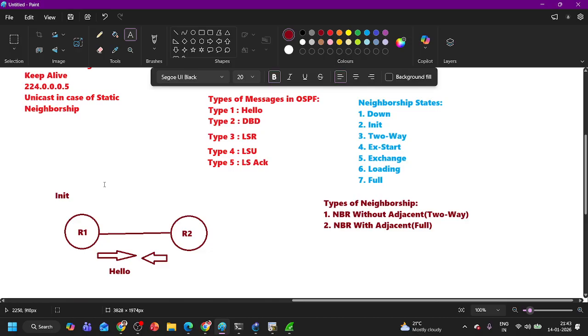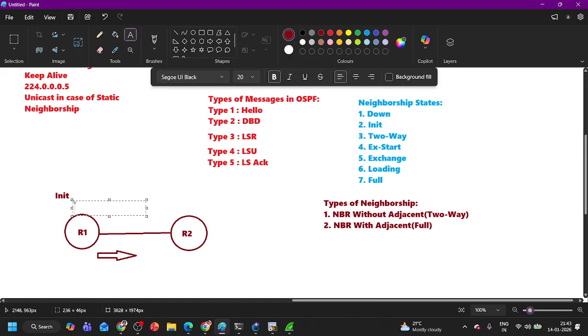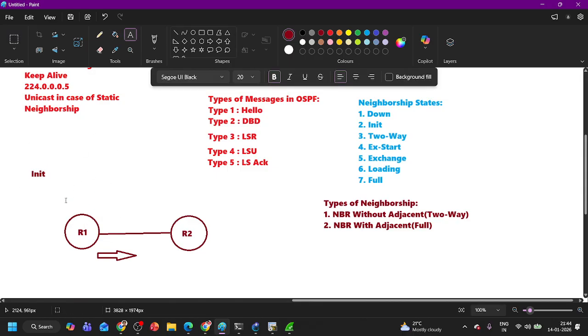Now, the next state is two-way state. Init means initialization. In two-way state, you can see both routers are exchanging hello messages. Let's say the router ID of router 1 is 1.1.1.1 and the router ID of router 2 is 2.2.2.2.